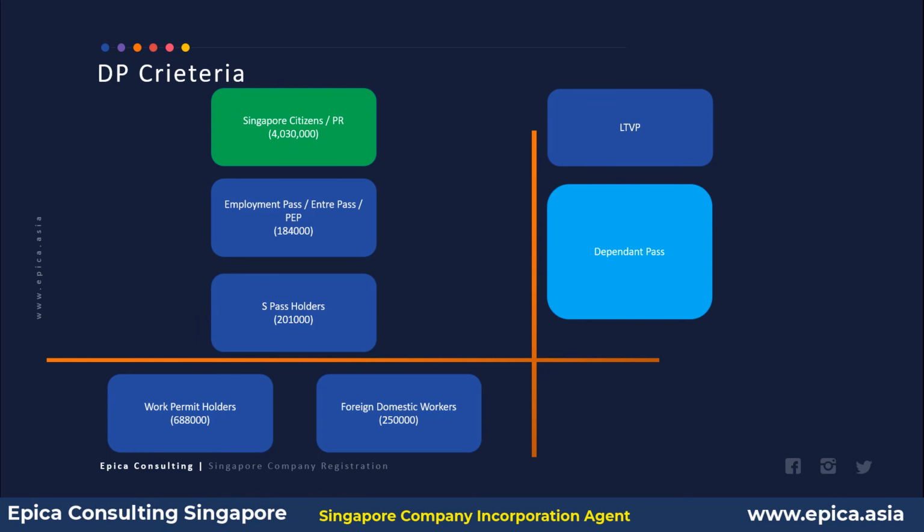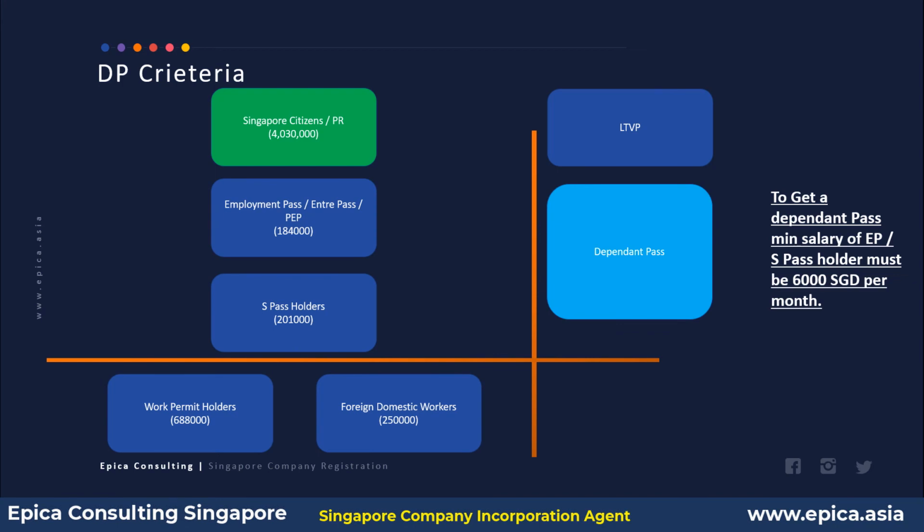And the last point that I want to highlight here is about the dependent pass criteria. As I have explained, employment pass holders, entry pass holders, PEP holders and S pass holders can bring in their dependents in Singapore on a dependent pass. However, for the dependent pass to be approved, they need to get a minimum salary of 6,000 Singapore dollars per month.